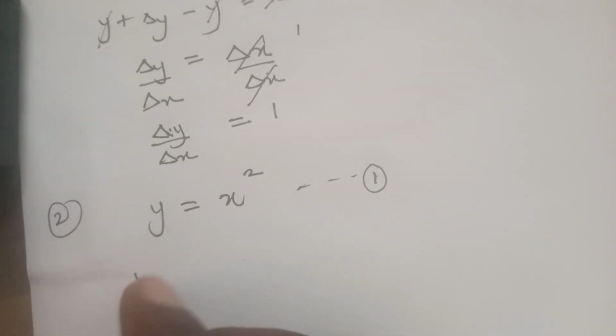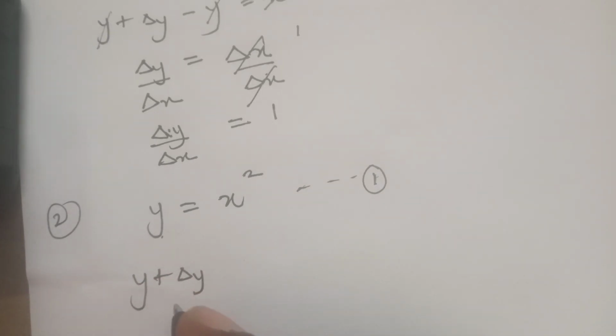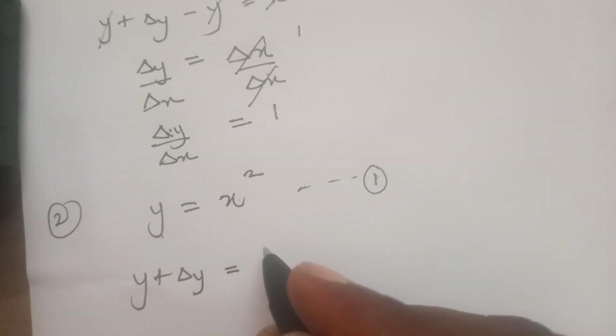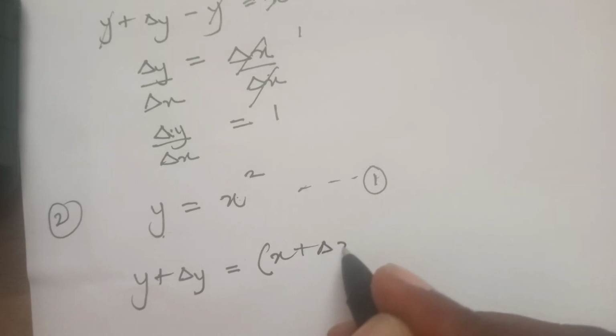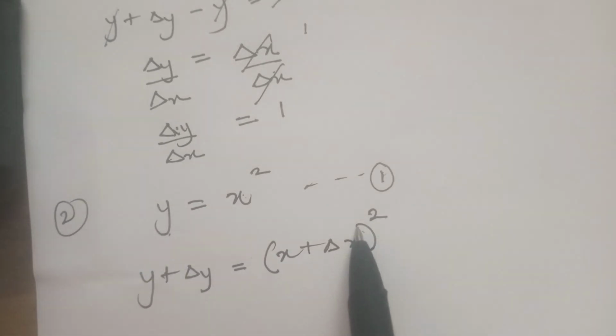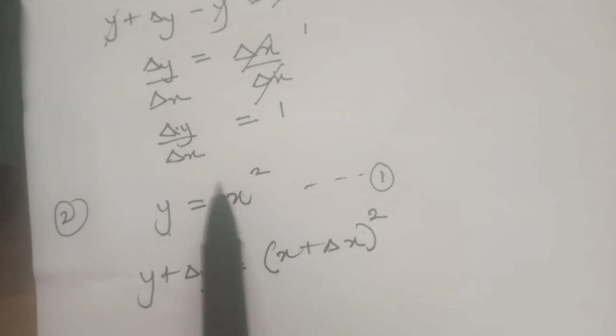So this is y plus a particular change in y, equals to, now this x, this is x squared, so you are going to open a bracket for it. So x is going to be x plus a certain change in x, all squared. All right, because everything inside this bracket is the x. So x plus change in x, so everything is squared.